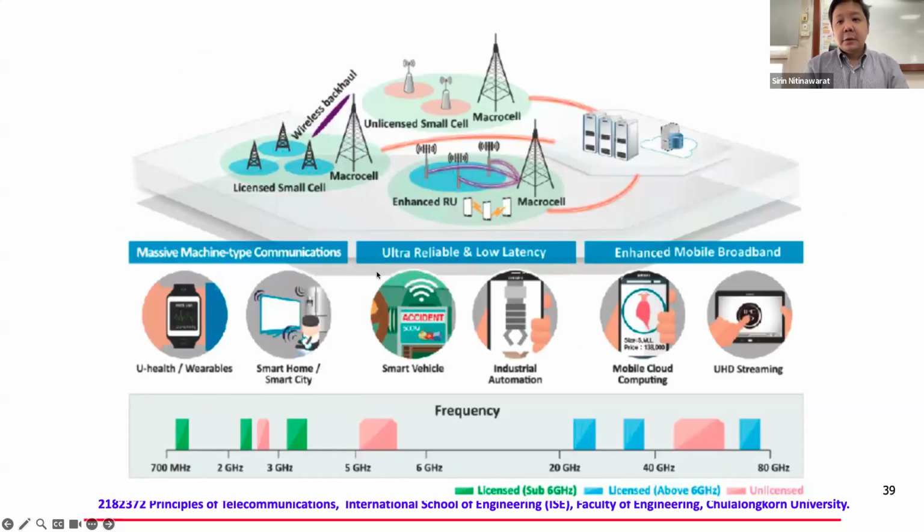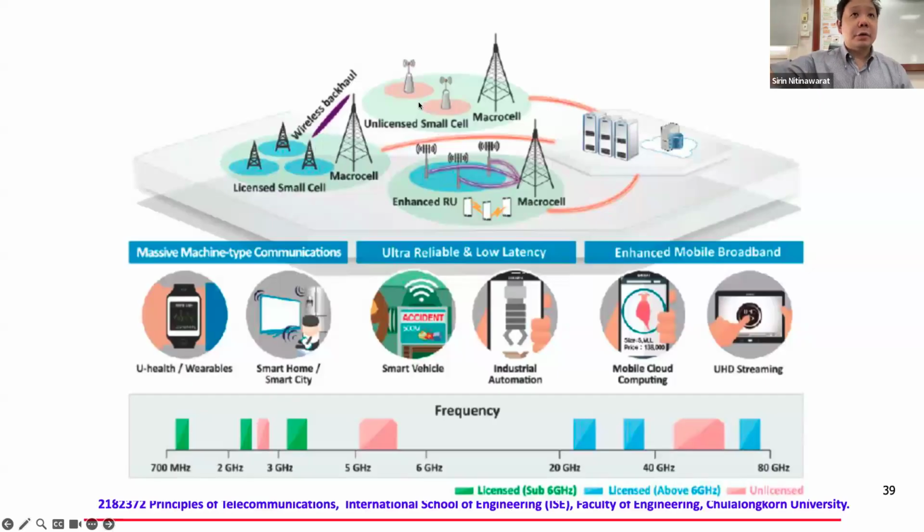So here is a general picture of different spectrums that are being used. You see the lower the frequency, the longer range it will cover. The one in green will be what we call macro cell. And then as you start to move up in frequency, you get to a shorter and shorter range. The ones in blue include the new millimeter wave spectrum, with very short range, supporting a very small area.